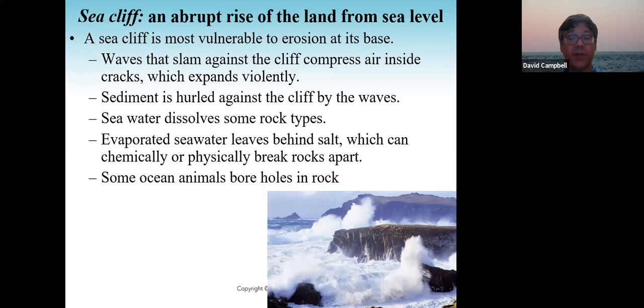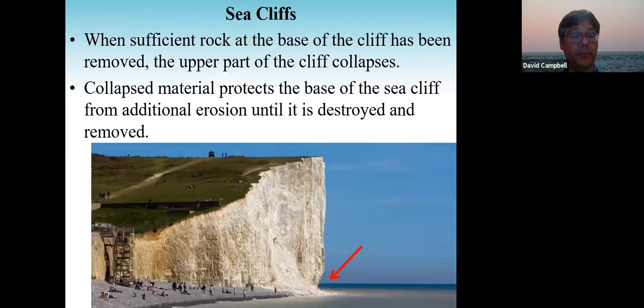So all of these forces are tending to help eat away at a cliff. Over time, it's eroding back. Eventually, the cliff can become unstable and a chunk will fall down. Well, now we've got a pile of stuff that's kind of protecting the bottom of the cliff until that erodes away once more, and now the waves are back pounding on the cliff again.